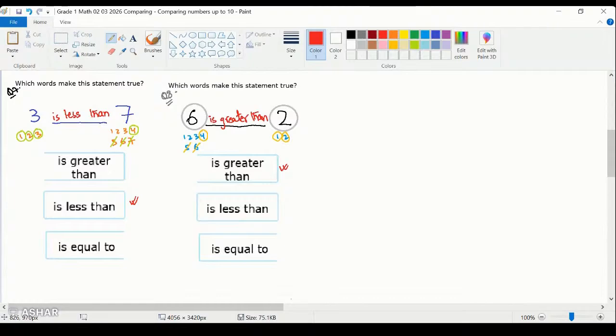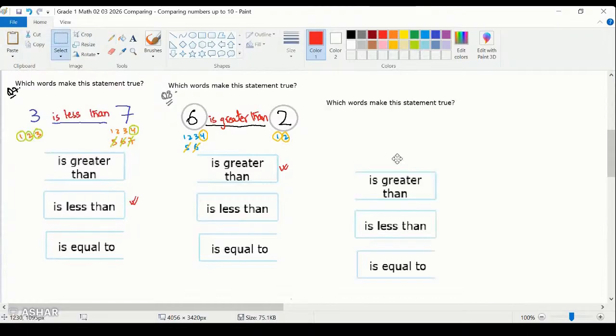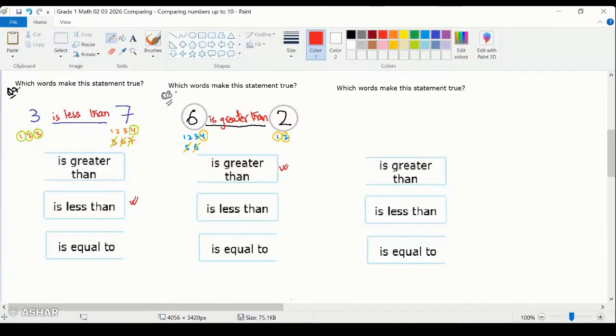Okay. Moving ahead. If we have the numbers in question number 9, 4 and 4. If we have the number 4 and 4, can we say we have 4 numbers on the left side and we had 4 on the right side? 1, 2, 3, and 4. 1, 2, 3, and 4.